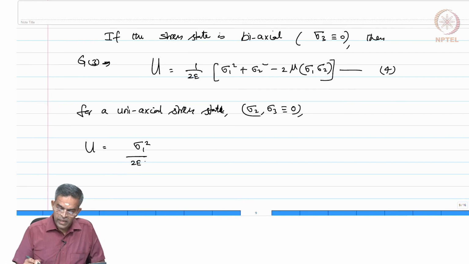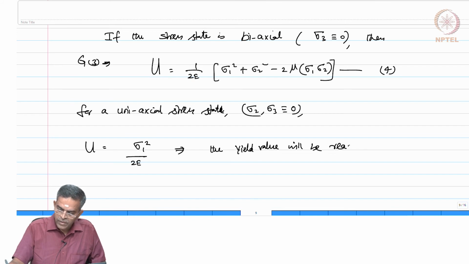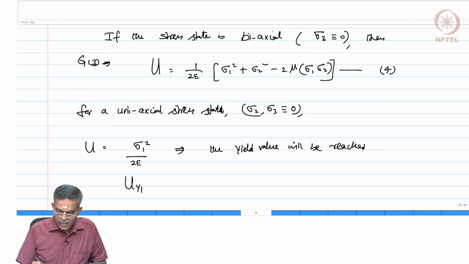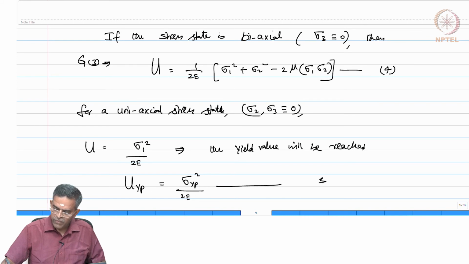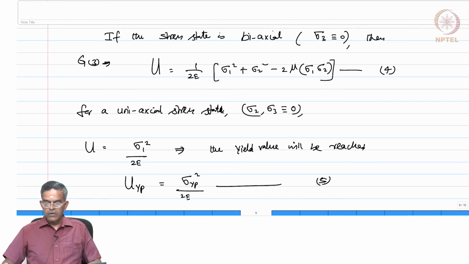Now, the theory says this is where the yield value will be reached, is it not? Hence, I can say strain energy at yield point will be similarly the stress at that point squared divided by 2E. Can I say this? Equation number 5. I think we all agree to land up in equation 5 without any confusion.